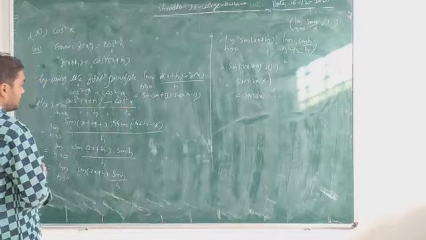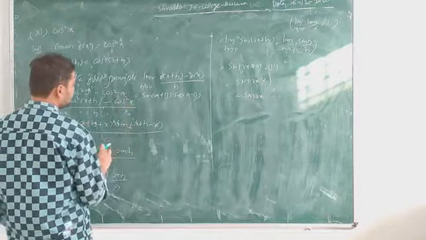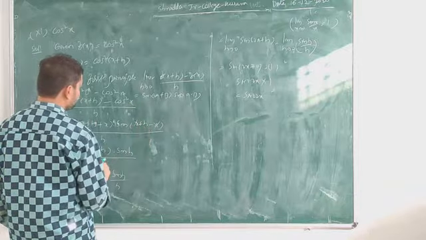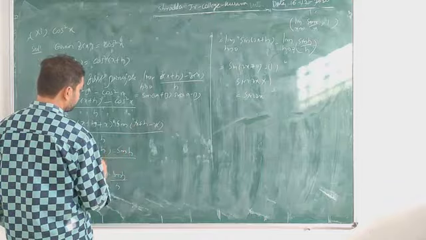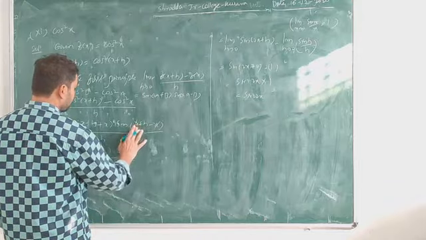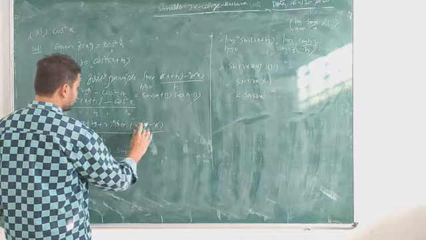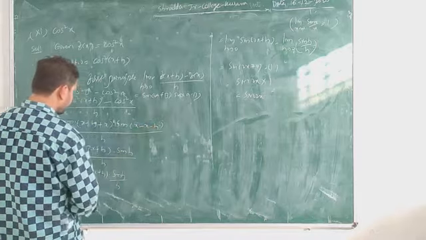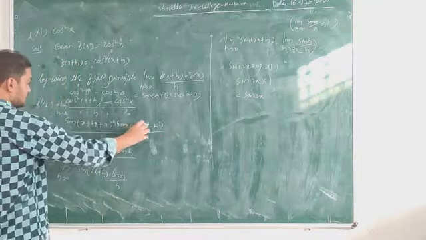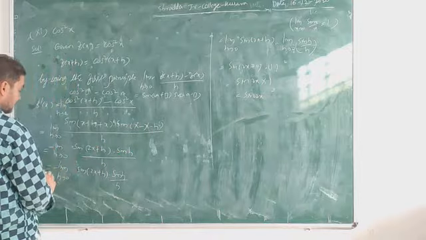Now here sin(a+b) into sin(a-b). So here what are we getting? a minus b means that is minus x minus h. Now here plus x minus x gets cancelled. Sin of minus h means we are getting a minus.